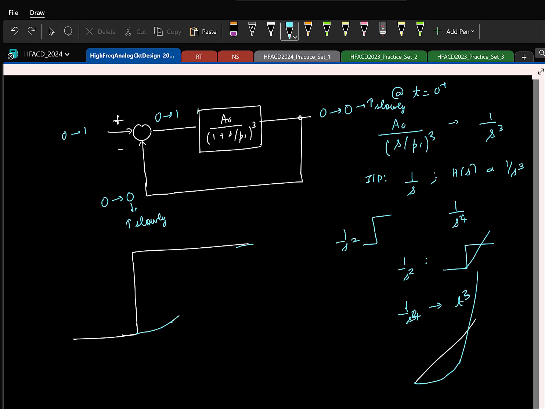So this is going to respond slowly, and it will keep doing this. Ideally, if you reach this point, the error signal will be 0, right? Basically, output is same as the input. The error signal, which acts as the excitation to the system, that excitation signal is 0.